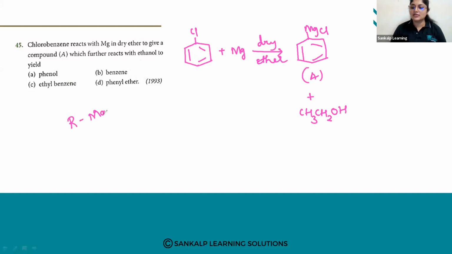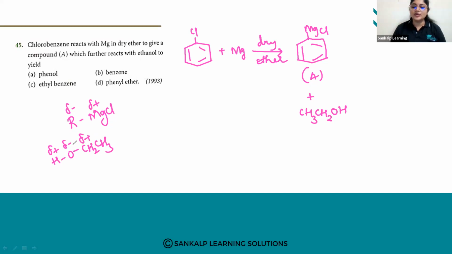So here I said RMgCl. R will be the negative part and this will be the positive part. And when you are talking about the alcohol group, CH2CH3, this will be the positive part, this will be the negative part, and this will again be the positive part. Now what will get combined?